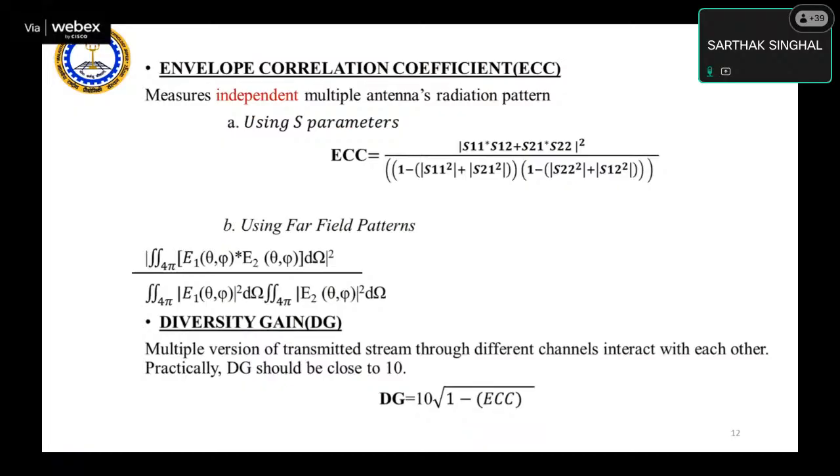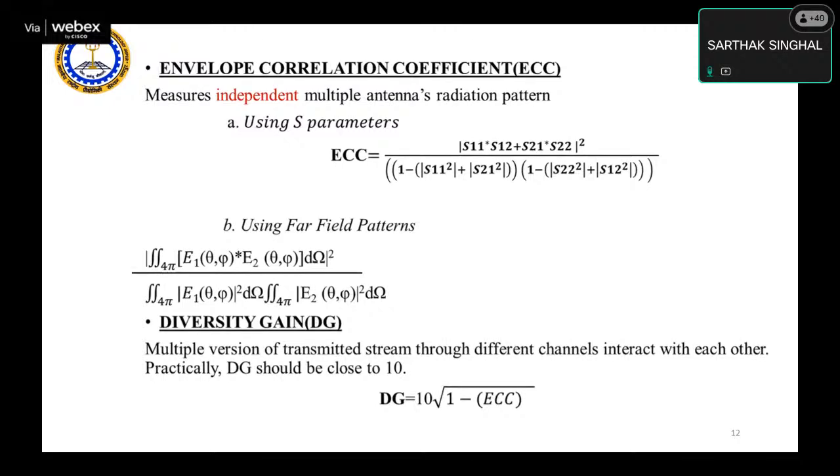The envelope correlation coefficient measures the independence of the elements. It could be calculated based on S parameters or far field patterns. As I said, we always want the antenna elements of the MIMO antenna to be highly isolated from each other so that the individual performance is not getting affected.